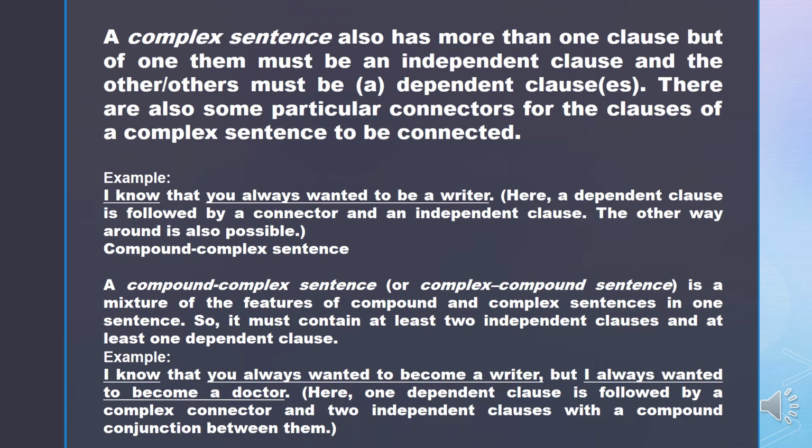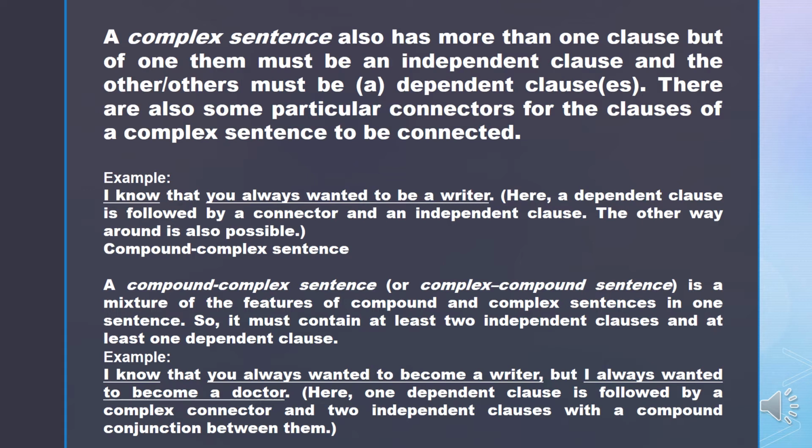Now coming to the next kind, that is a complex sentence. A complex sentence also has more than one clause, but there is a difference between the complex and compound sentences. As compound sentence, we had previously seen that it has two independent clauses, whereas a complex sentence has one independent clause and other one or two dependent clauses.